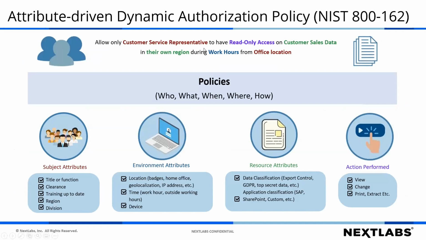So as you can see here, what we are doing is combining attributes of the subject, so checking to see if they're a customer service representative and what their office location is, combining that with environmental attributes, so whether the request is coming during work hours, and then also adding in the resource attributes. So having this apply to customer sales data and the region for that customer. And then finally, the action performed, like limiting it to read-only access.